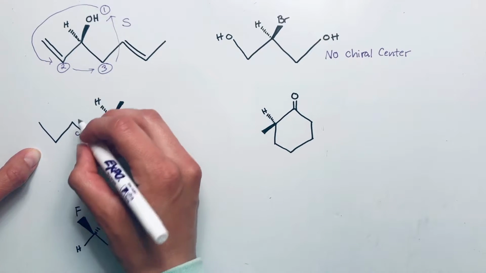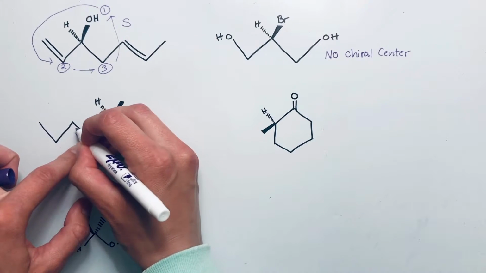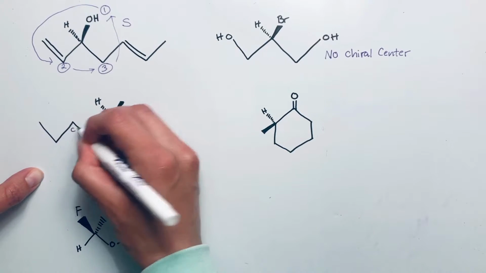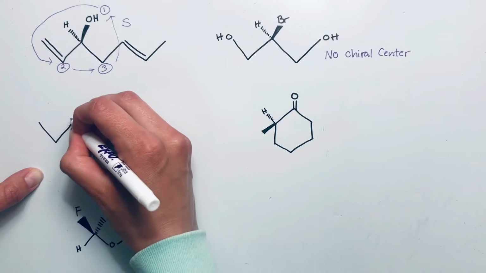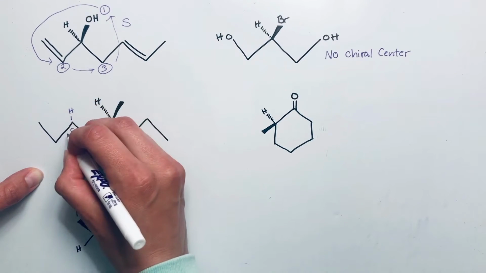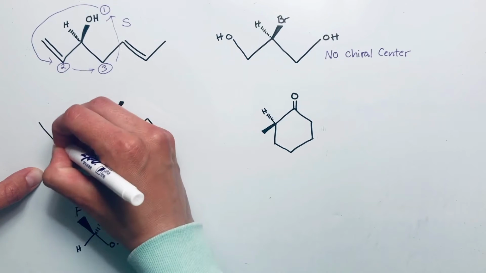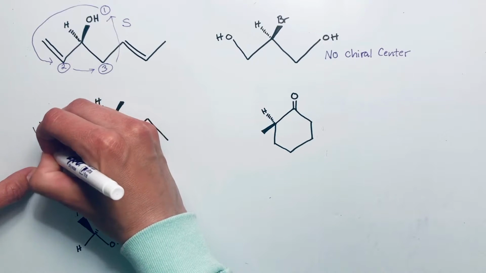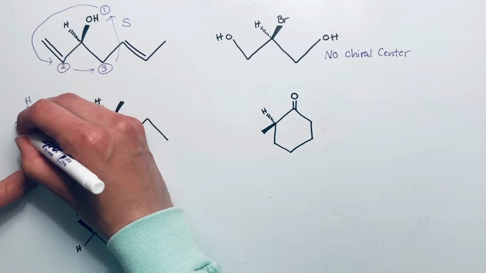Then this one, same thing. I should have drawn it further upstream. Carbon. This one is attached to a hydrogen, and then another carbon downstream. This just makes it easier if you draw what everything is when you have carbon chains, so you know the priority better.